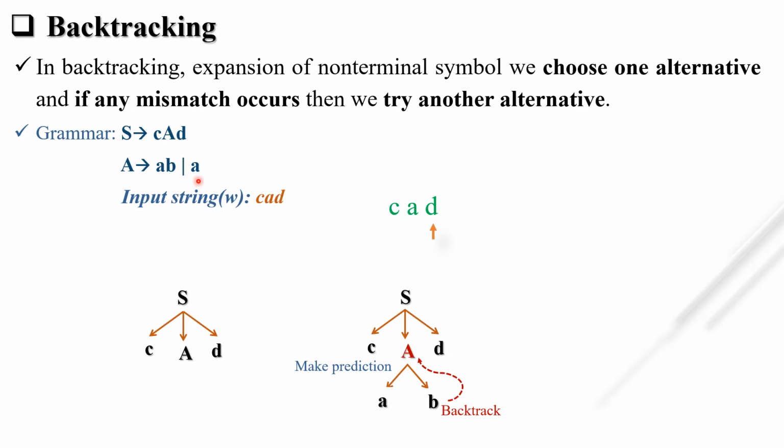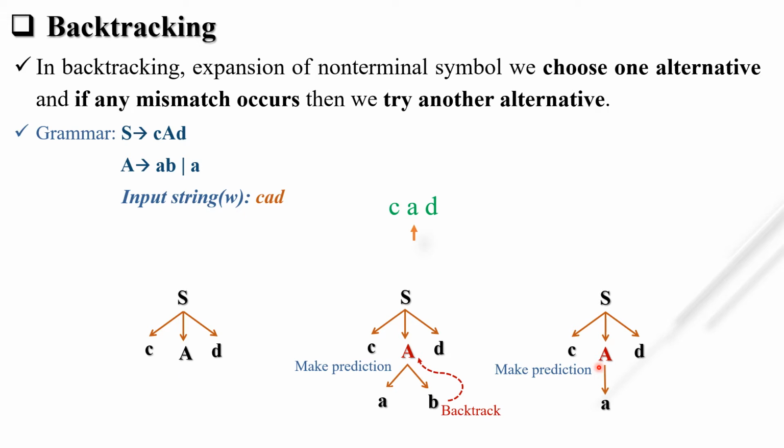While going back to capital A, we must reset the input pointer to position 2, the position when we first came to capital A. So when we come to capital A, our input pointer position is this small a. Now we try the second alternative of capital A, that is small a.